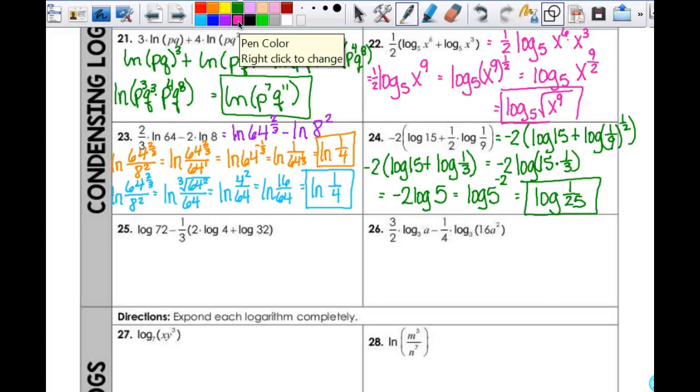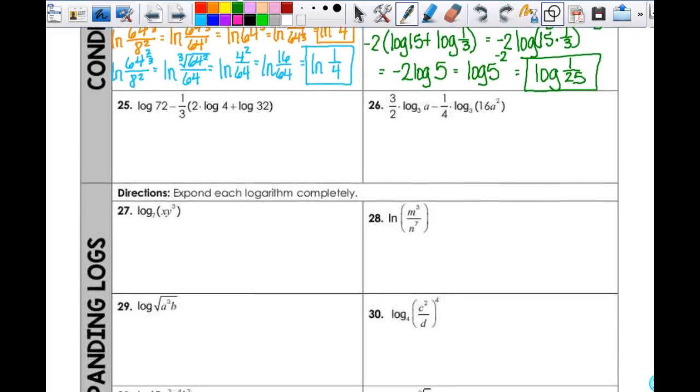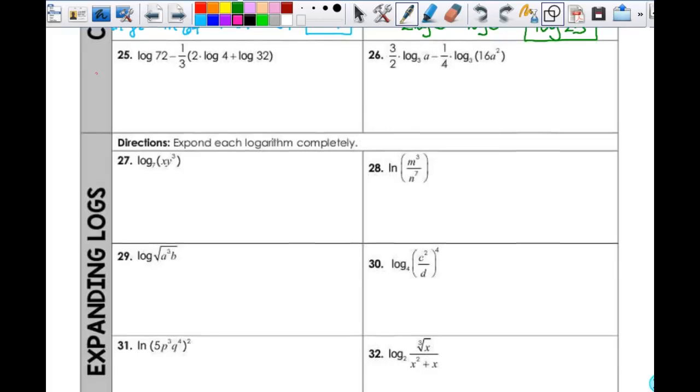Alrighty, these are fun. All right, number 25. Okay, so the log of 72 minus 1/3 of all of that, so we're going to work from the inside out again. And this gives me this 2 times the log of 4. That 2 is going to become the exponent. So I'm going to have log of 72 minus 1/3 times, well, I'm going to go ahead and skip a step here.